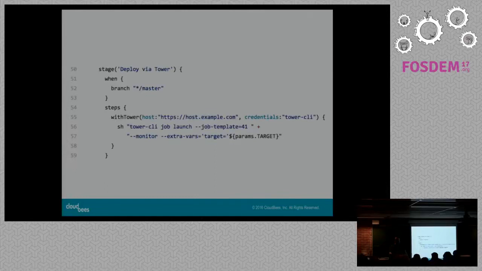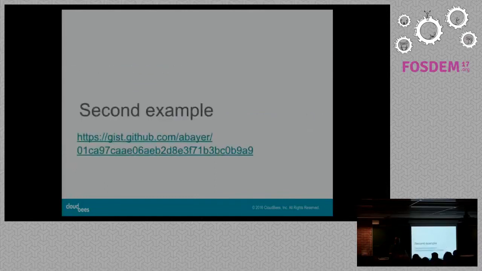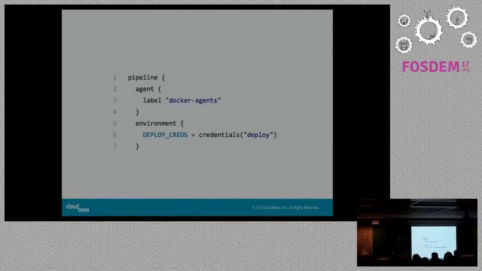And now, the next example. So here, we're just using a label. We're just saying run on any agent that has the Docker agents label on it. We're taking advantage of a nifty trick with the environment section where you can set environment variables that'll be available throughout the build.